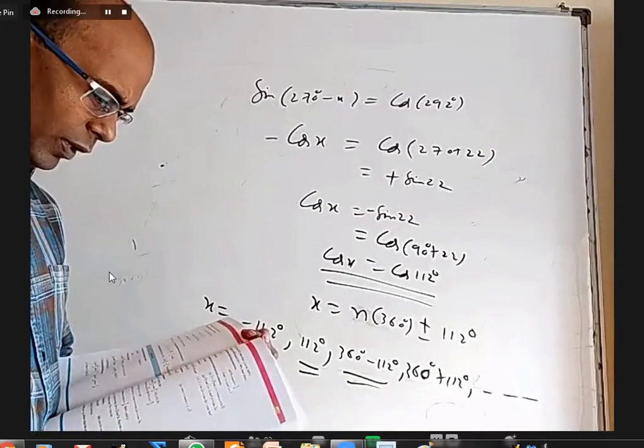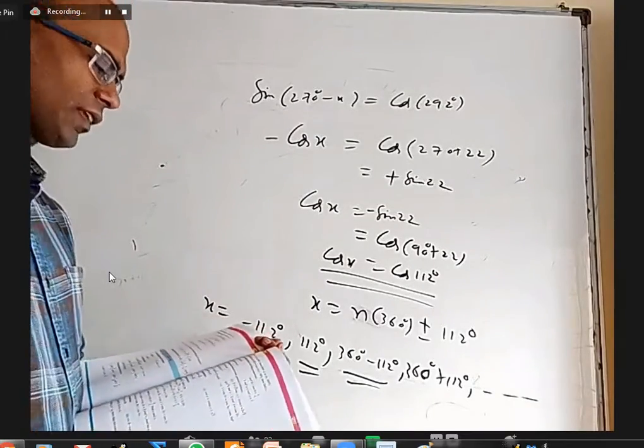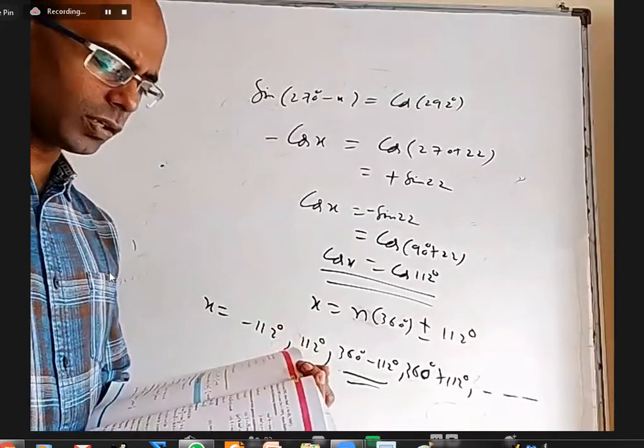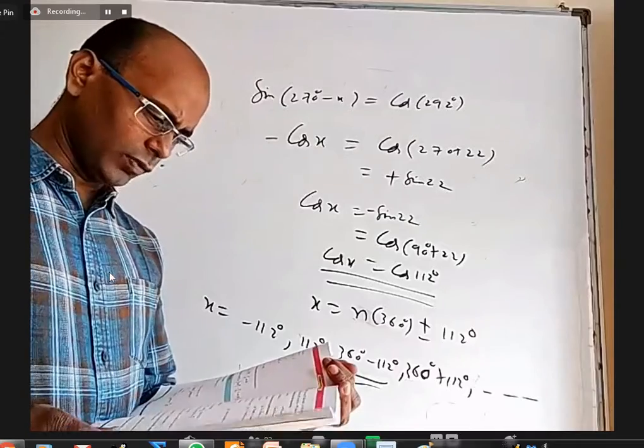Sin x plus 28 is cos 3x minus 78. One is sin and one is cos. So you can convert either sin into cos or cos into sin. I prefer to convert sin into cos.